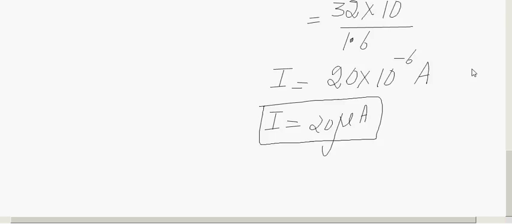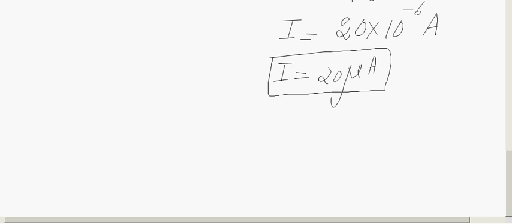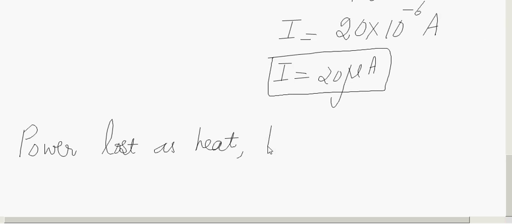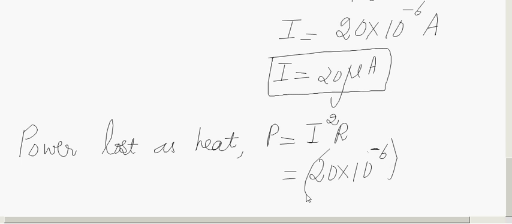Now next is the power lost as heat. That is the question. The power lost as heat is given by P is I square R. Power is I square R, which is 20 into 10 to the power minus 6 whole square into R, and R is 1.6.